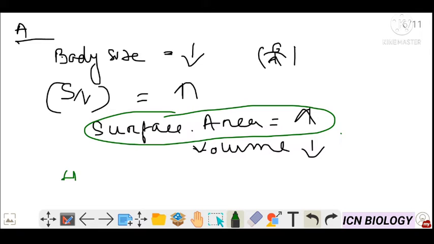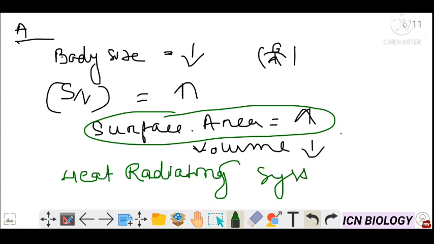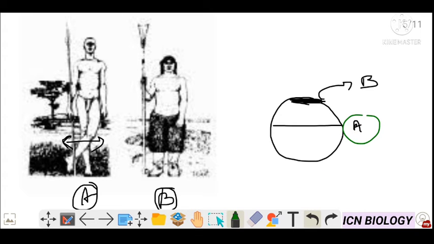So it is a heat radiating system, right? Now we are going to discuss B.